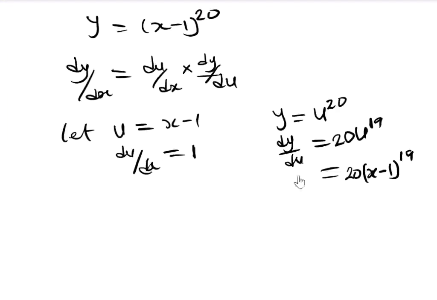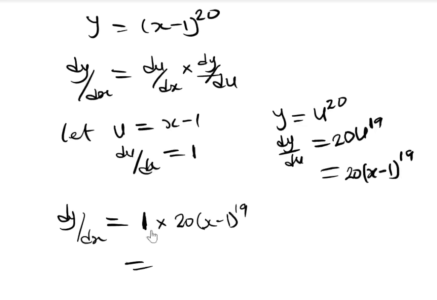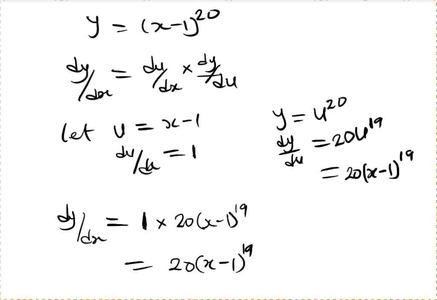Therefore, substituting all this in this formula, we have that dy/dx is equal to du/dx, which is 1, multiplied by dy/du, which is 20 (x minus 1) power 19. And this will give me 1 multiplied by 20, which is 20 (x minus 1) power 19. This is the final answer.